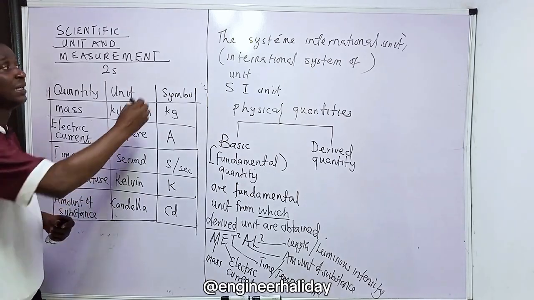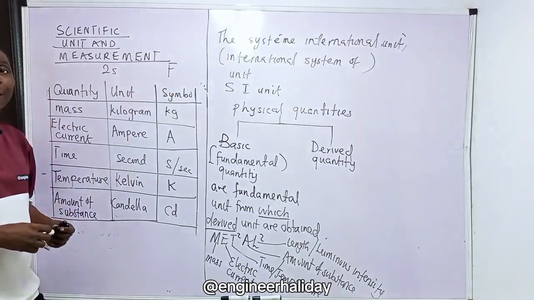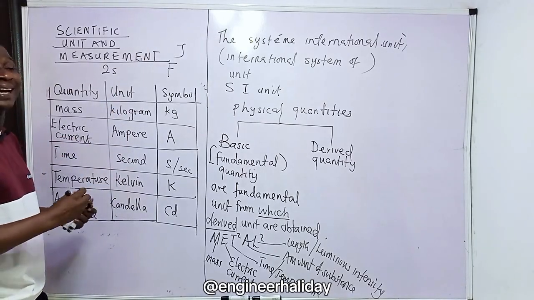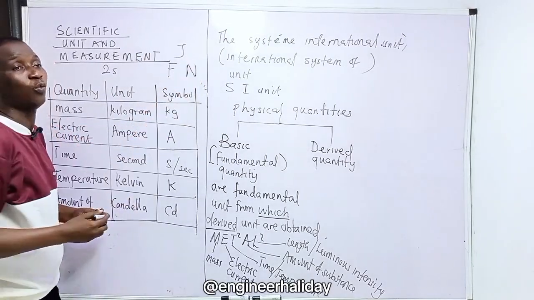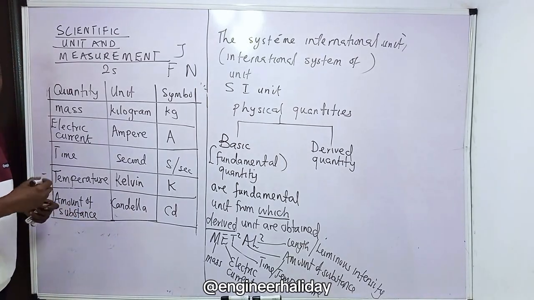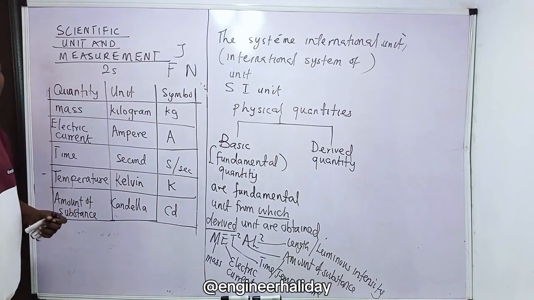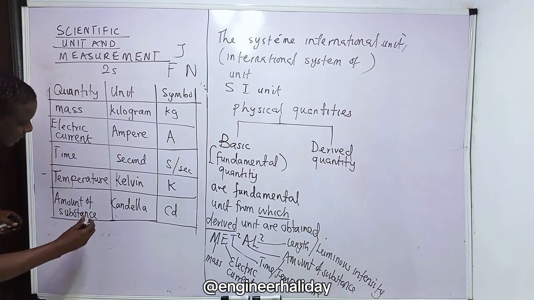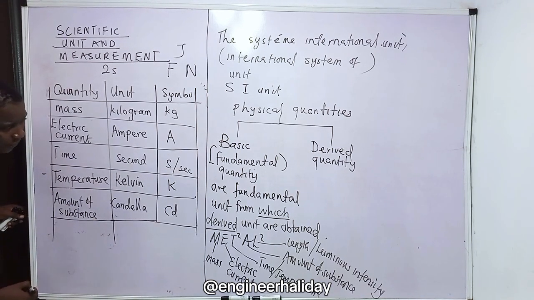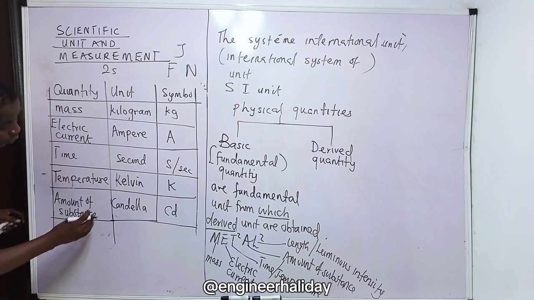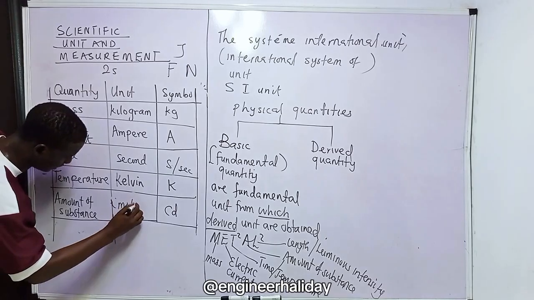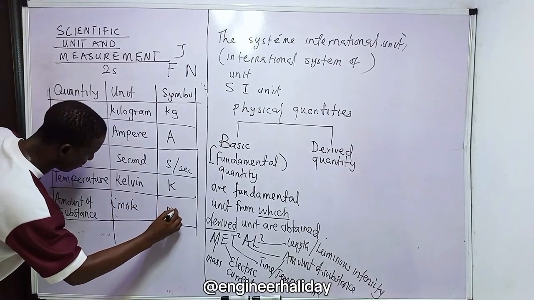For example, farad, joule, they always use capital letter. Newton was named after the man called Isaac Newton. We use capital letter to refer to them, to honor them. Okay, amount of substance, sorry, should be measured in mole. The unit is mole, and the symbol is mol.